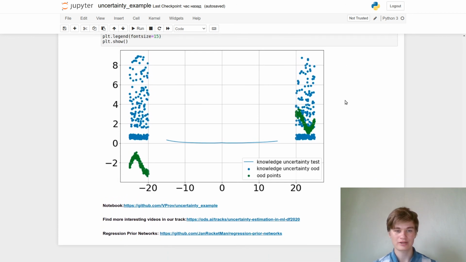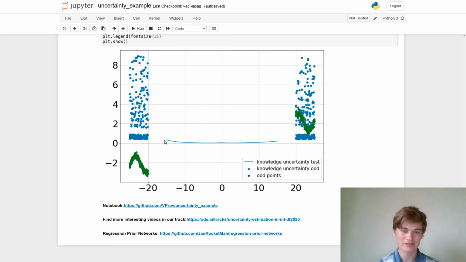And we have the same behavior of knowledge uncertainty. So here green points are our out-of-domain examples to somehow show where the in-domain points are.